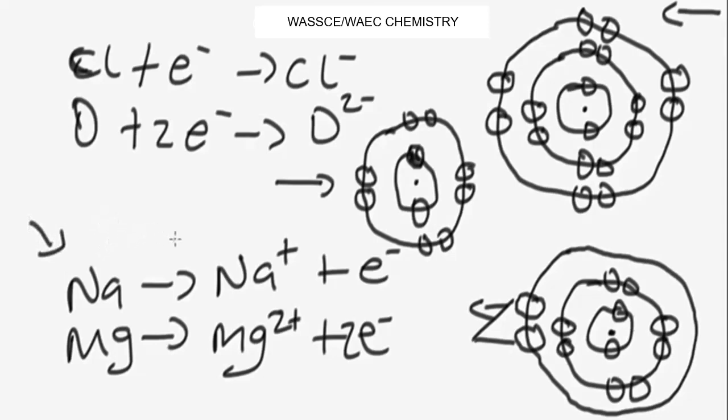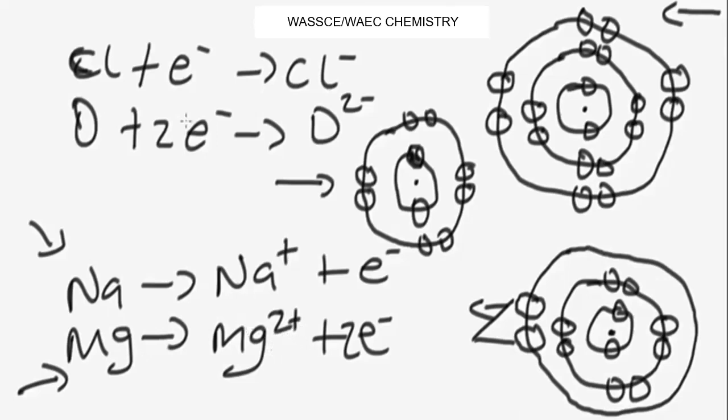They will lose 1 electron to attain stability, and they form a single positive charge. Whereas elements in group 2 of the periodic table will lose 2 electrons because they have 2 electrons in their outer shell. Examples of elements in group 2 are magnesium and calcium. They will lose 2 electrons in the outer shell to gain stability, and they form a double positive charge. That's a 2+ charge.